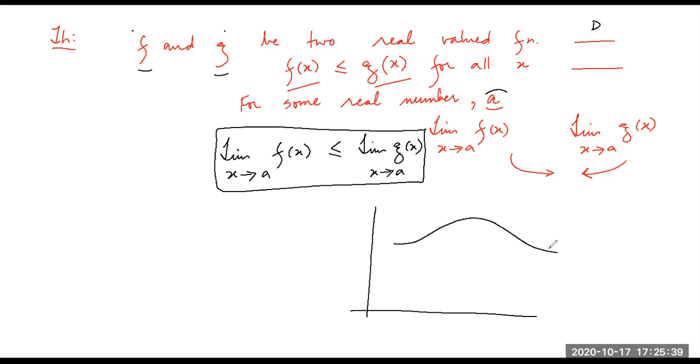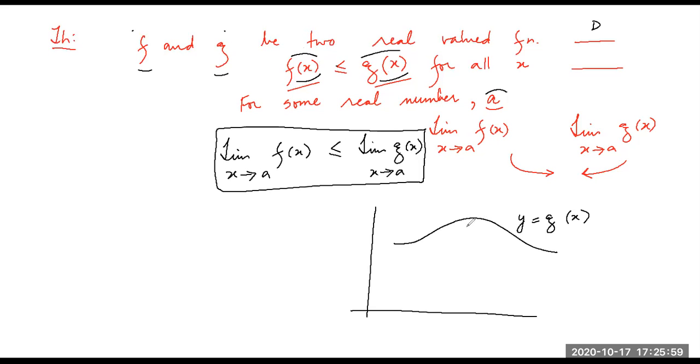See, this is the function y is equal to g of x. Here, when pointing towards f of x, it means the value is less than that of g of x.